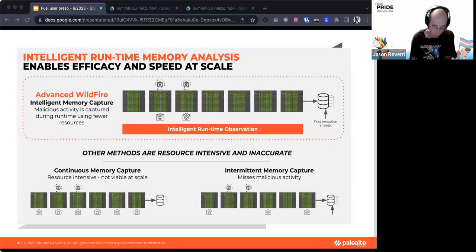So the time to signature creation is greatly reduced by Advanced WildFire by doing memory analysis before the dynamic code analysis completes, right? And so we're generating preventions based on that before the file has even completed its detonation. And those protections are streamed down to the enforcement point in near real time.